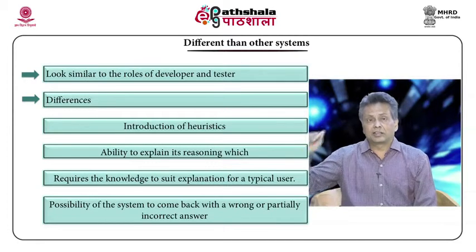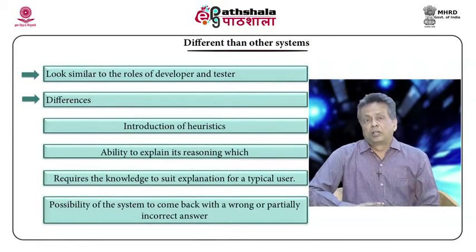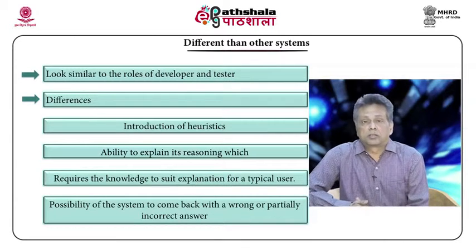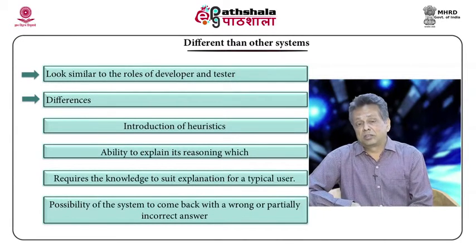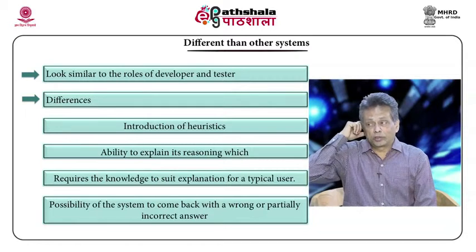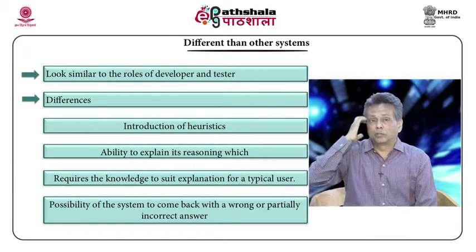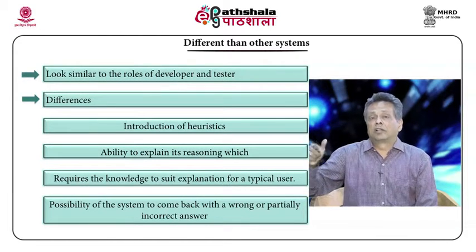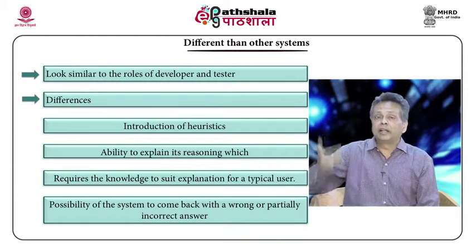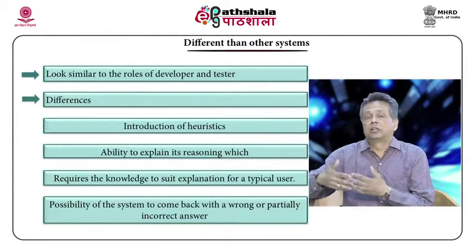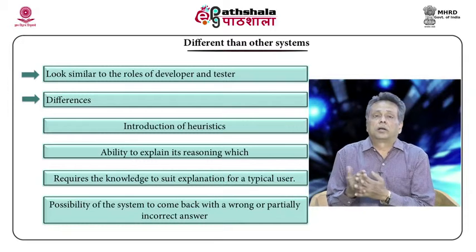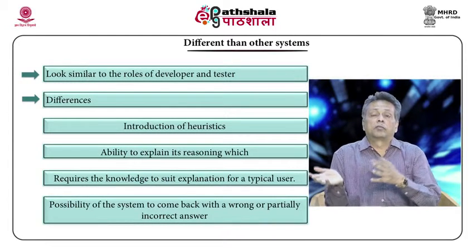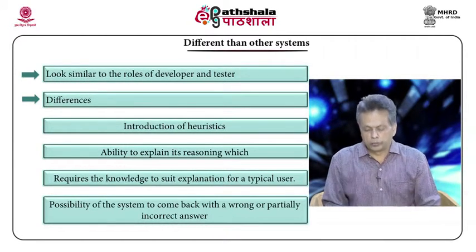So that is an additional requirement, and we know that the possibility of the system coming back with wrong answers is definitely there when you are talking about expert systems. It makes it even more important for the person validating the system to make sure that it answers in a correct manner as far as possible.